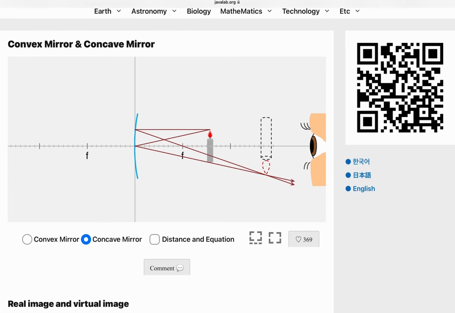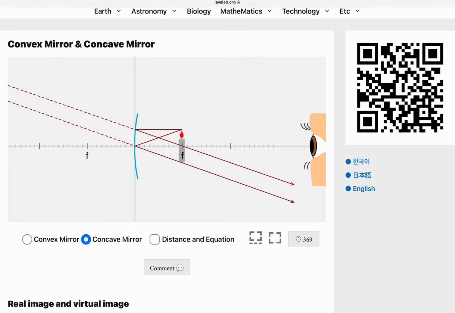Then the image is going to be real too. Let's put the object at the focal point. You see, there is no image formation. Careful. If an object is placed at the focal point, no image is formed.